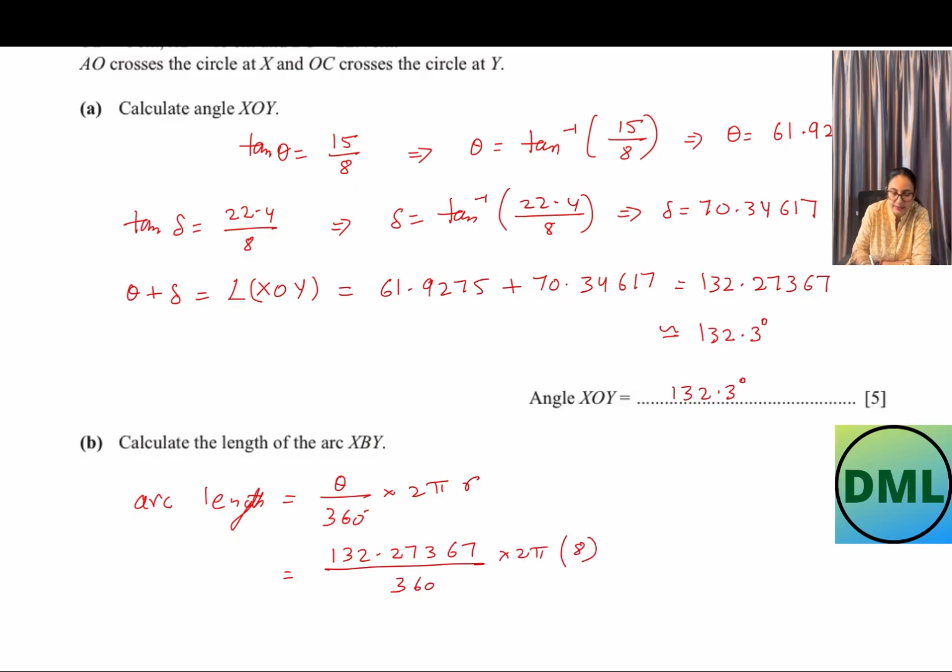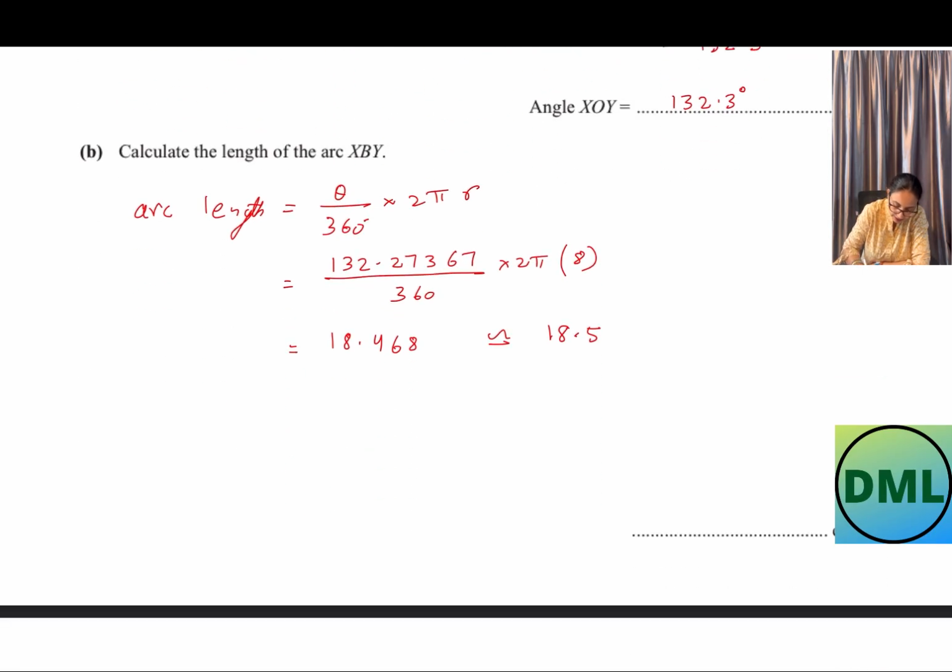My r is 8. If you calculate this in the calculator, your answer will be equal to 18.468, which is rounded off to 18.5. The arc length of XBY is given as 18.5 centimeter.